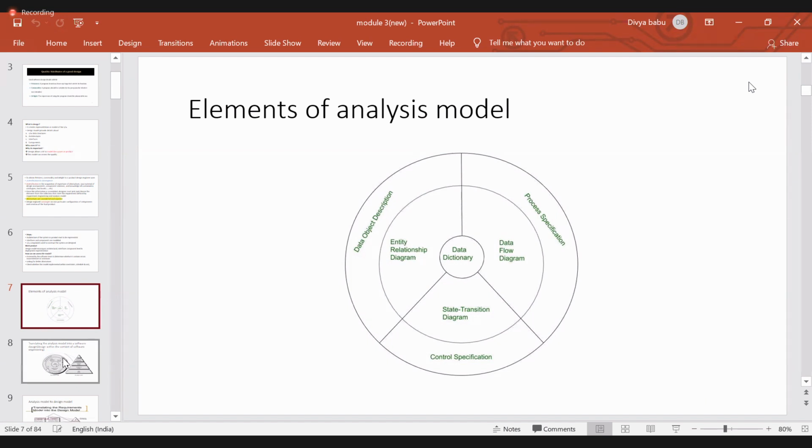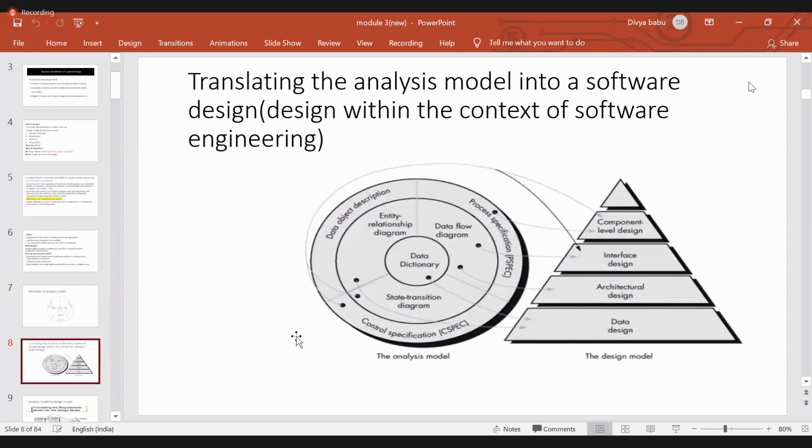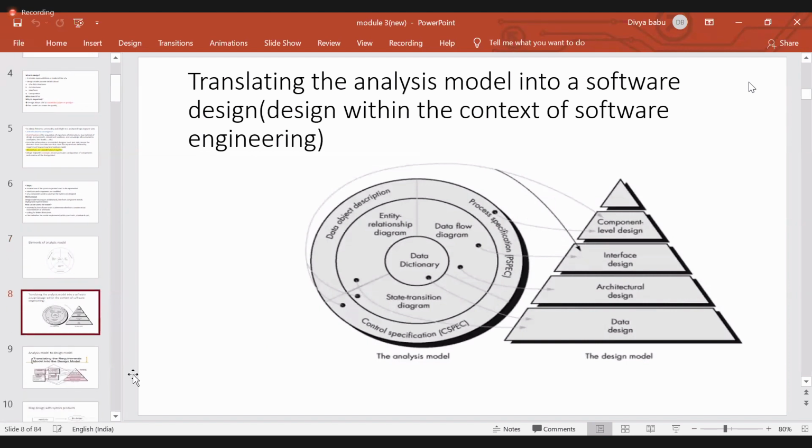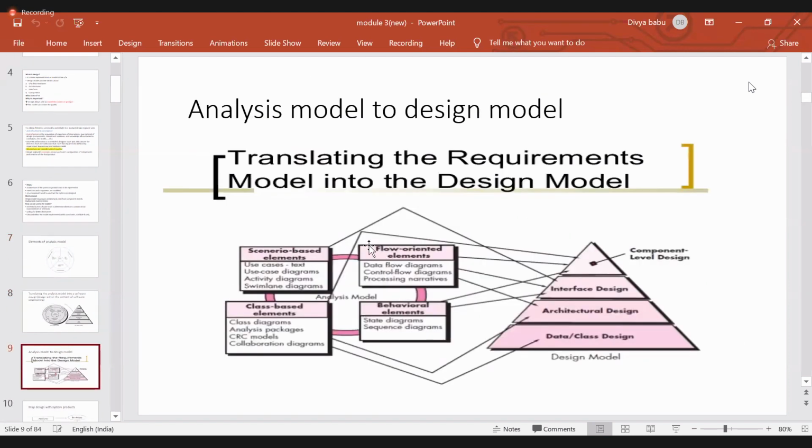I think this diagram is very familiar to you. It is the same concept: scenario-based elements, flow-based elements, behavioral elements, and class-based elements. Scenario-based means the use case diagram. Flow-oriented means data flow, control flow, and process specifications.